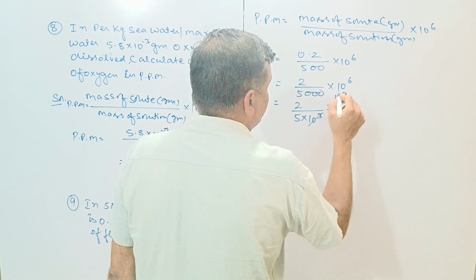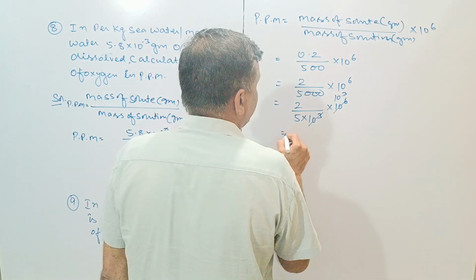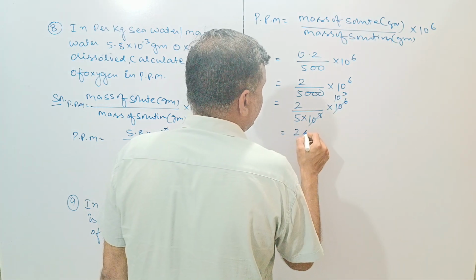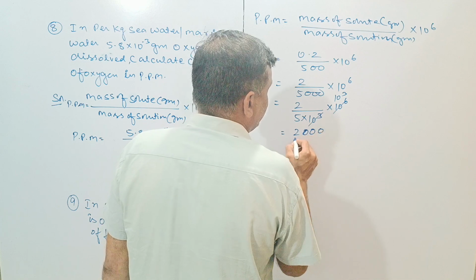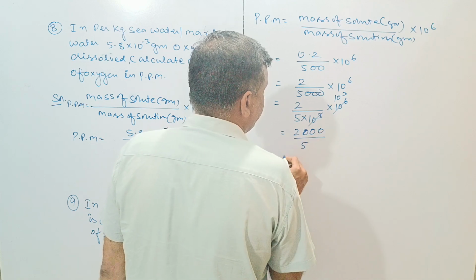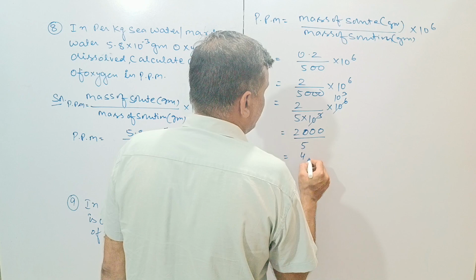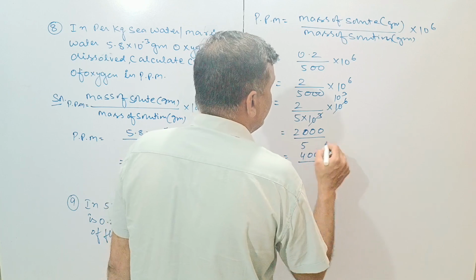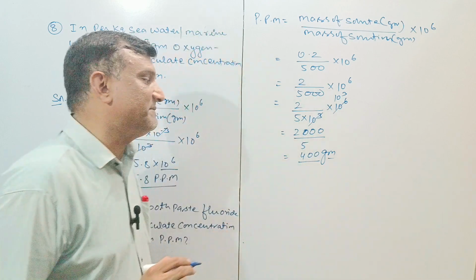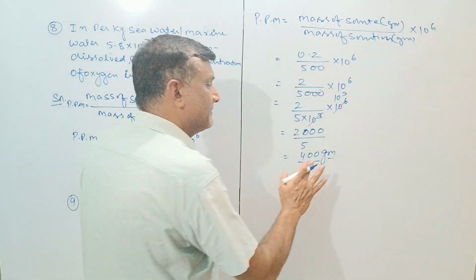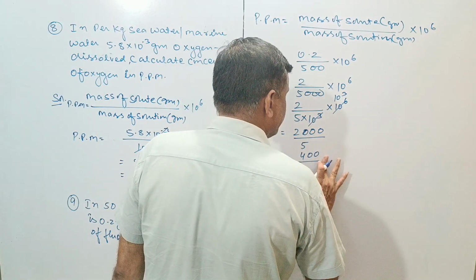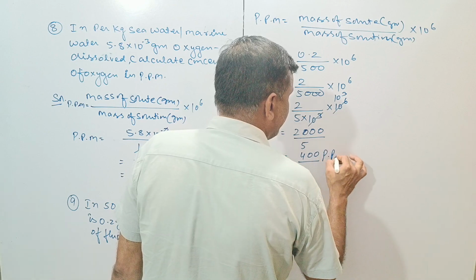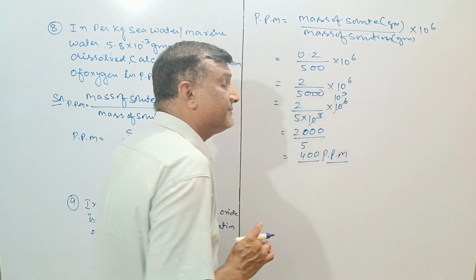Here will be 10 to the power 3 and 2 into 10 to the power 3, so it will be 2000 upon 5. 5 4s are 20, so it is 400 ppm. 400 ppm will be the concentration. This is the right answer.